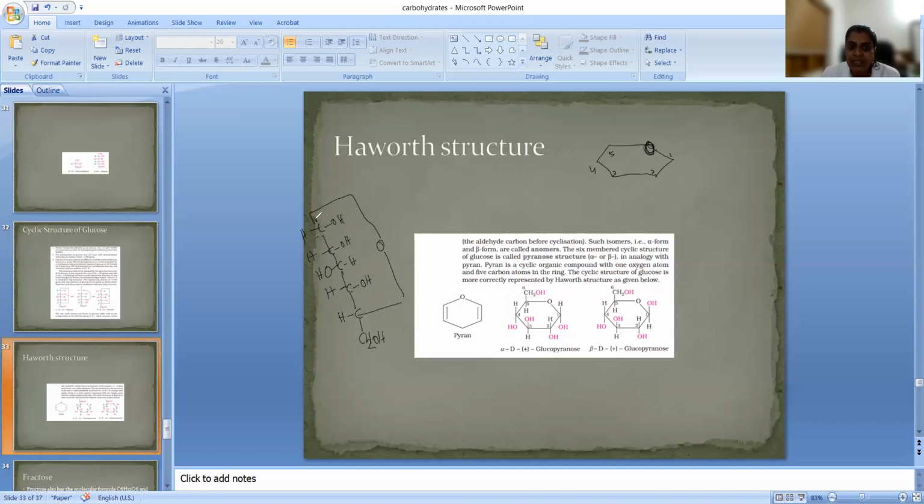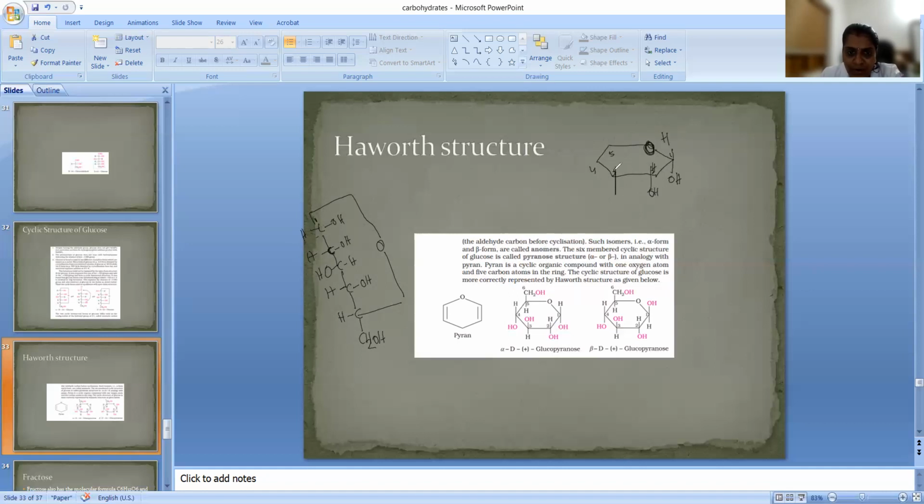On your first carbon, those groups which are written on the left side will be up. So H, OH. Here also in the second carbon, look, hydrogen is on the left so it will be up. So H, OH.